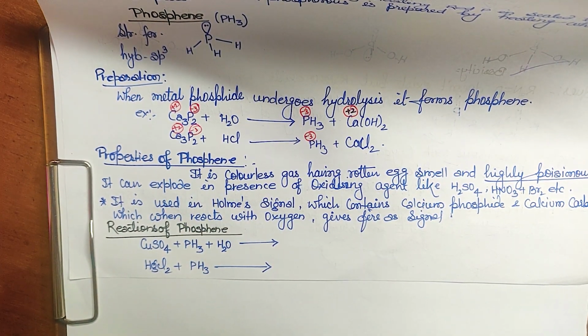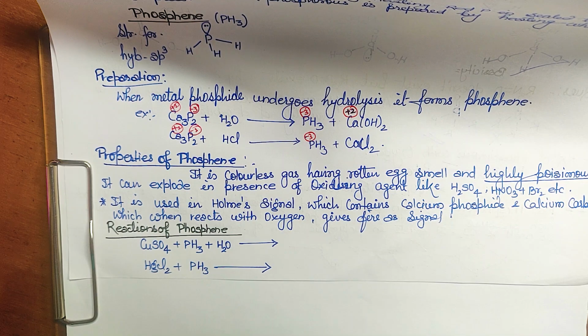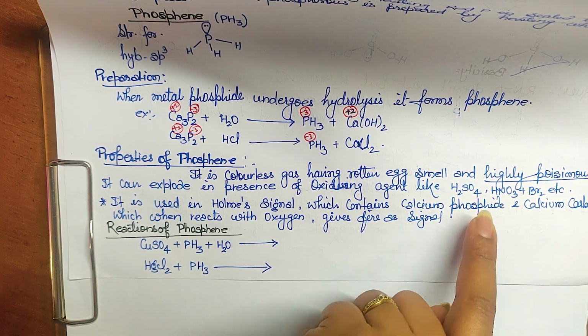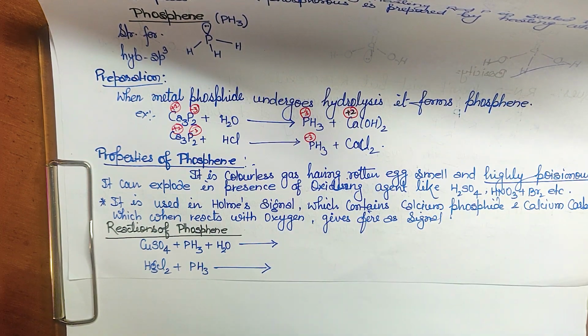See, in the Holme's signal, basically the phosphorus reacts with the oxygen, but if we keep the phosphorus in that form only, what will happen? Wherever it is kept, it can burst, isn't it? So that's why this phosphorus is kept in the form of calcium phosphide and calcium carbide. These two forms are mixed and kept.